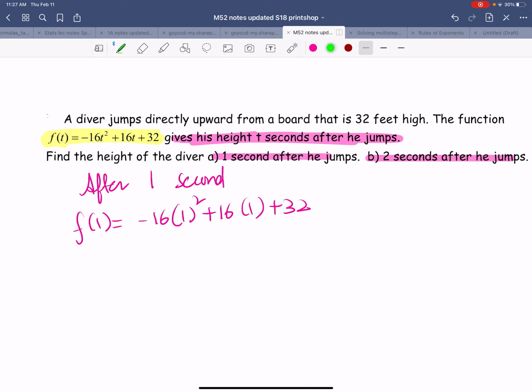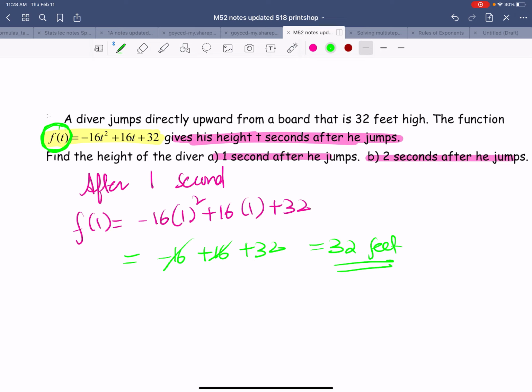Now this f of 1 or f of t simply means the height f is a function of time. We're not multiplying f and t together, okay? It's just evaluating the function at that value of t, which is 1 in this case. So it turns out to be negative 16 plus 32, which is 32 feet high. So the diver will be at 32 feet height after 1 second of jumping.